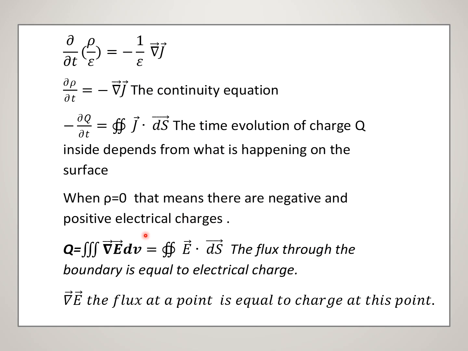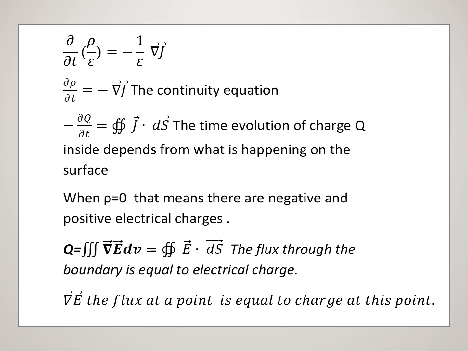Now, the total charge Q, as we said, is the volume integral of this expression, which, with the Gauss theorem, equals the closed surface integral of E dot dS, which is the flux through the boundary. That means this flux is equal to the electric charge. Del dot E is the flux at a point, and this is equal to the electrical charge at this point.